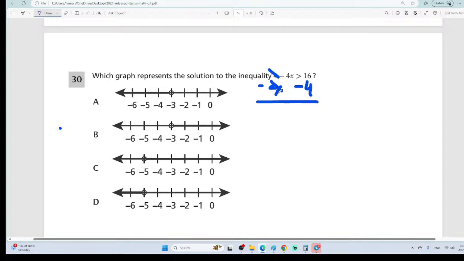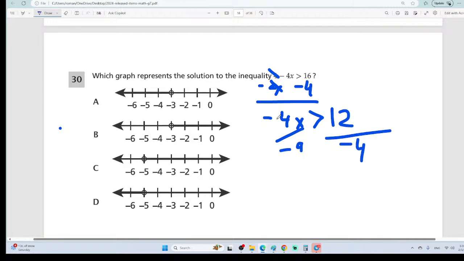This goes away. This minus is still there. It belongs to the 4x, I mean. So it's -4x greater than 12. Now what do we have to do? 16 minus 4. And now we divide by -4.